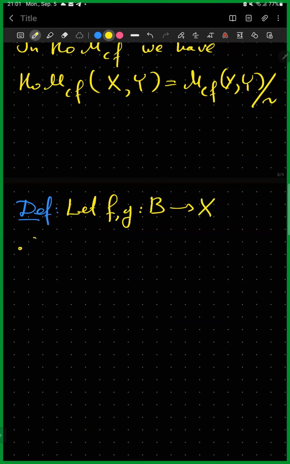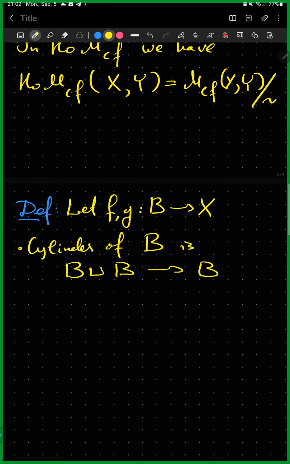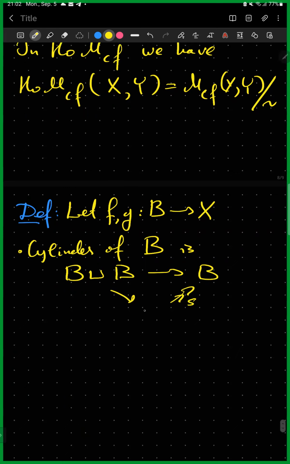Then the cylinder of B is a canonical factorization of the fold map from the coproduct of two copies of B to B into a cofibration and a trivial fibration.